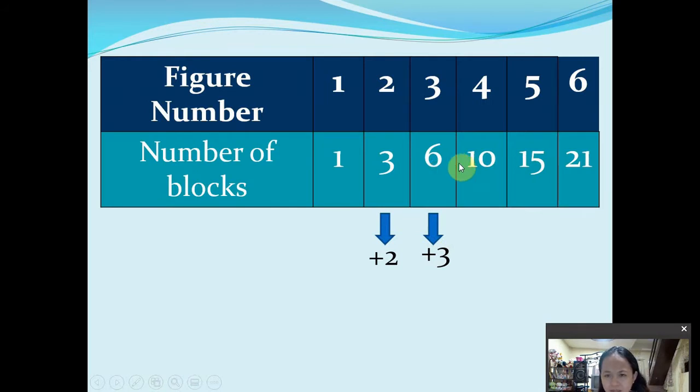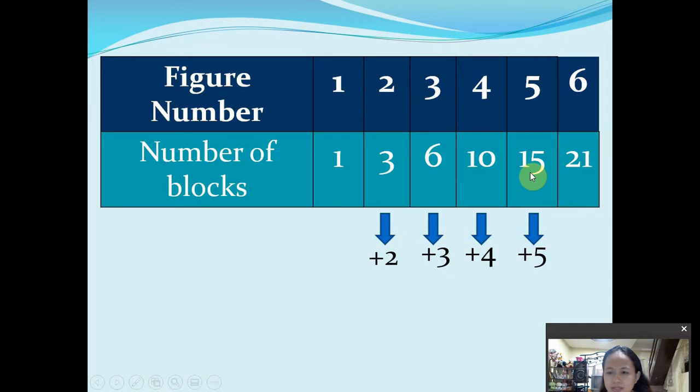Now what do you think will be the number added to 6 to get 10? That is 4. So 6 plus 4, that's 10. Now, what are we going to add to 10 to get 15? That is 5. So 10 plus 5, and that is 15.